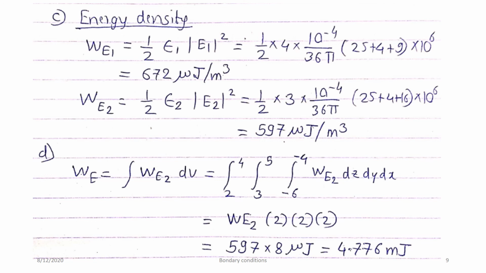Then we construct a block with 2 meter dimension. We write the limits 2 to 4, 3 to 5, minus 6 to minus 4, WE2 ds dz. Again finding the integration, you will get 597 into 8 microjoule, that is equal to 4.776 millijoule.